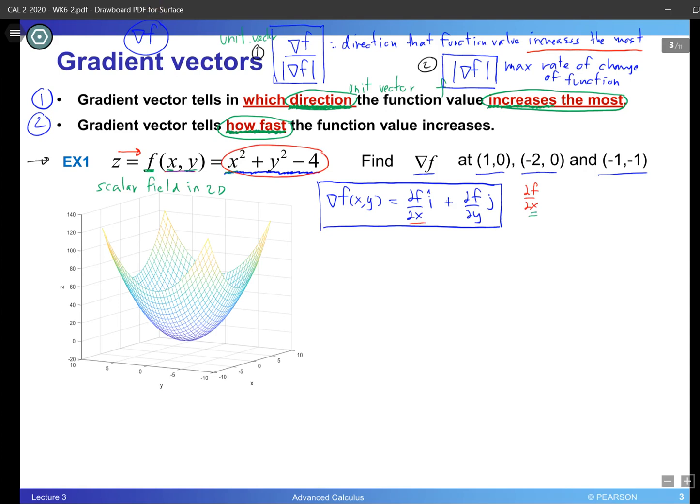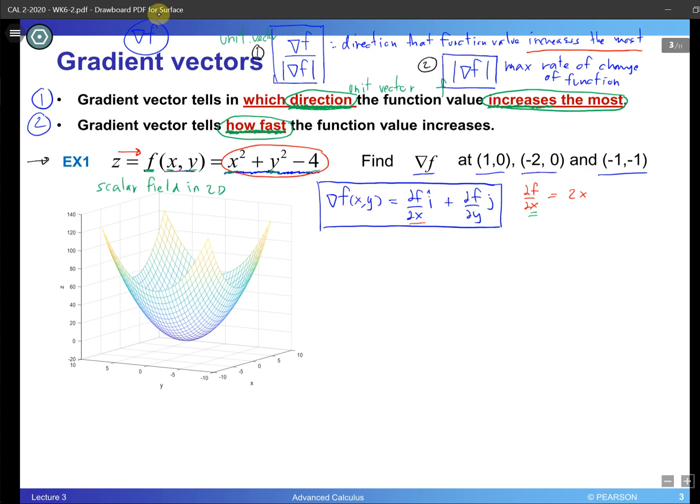Differentiate this with respect to x, of course we get 2x. Now, differentiate this with respect to x, we treat y as a constant, so differentiating this constant, we are going to get 0 out of that. And when we differentiate this with respect to x, this is a constant, so it becomes 0. So in the end, we have this df by dx equal to 2x.